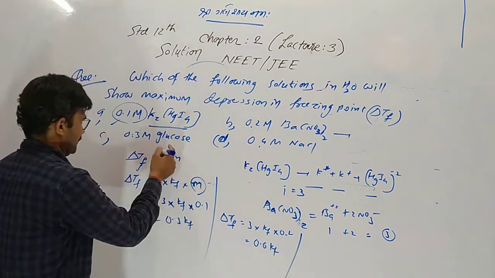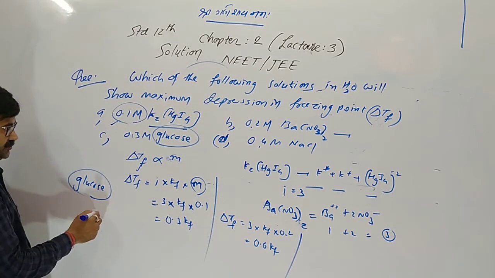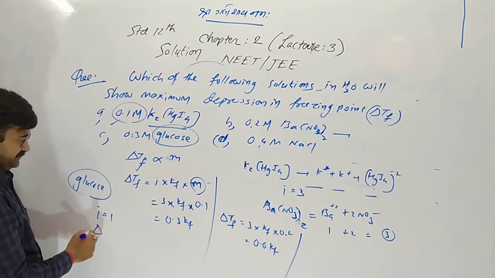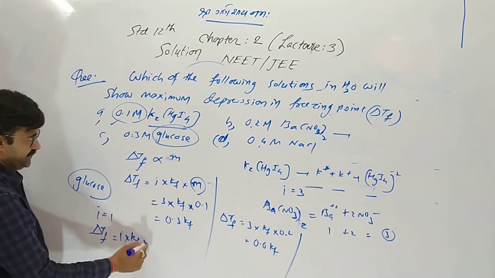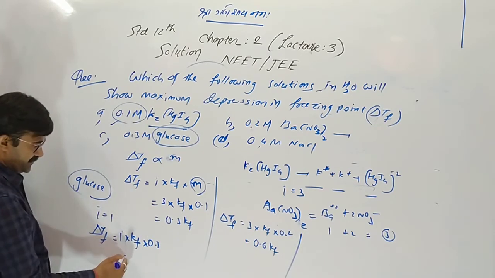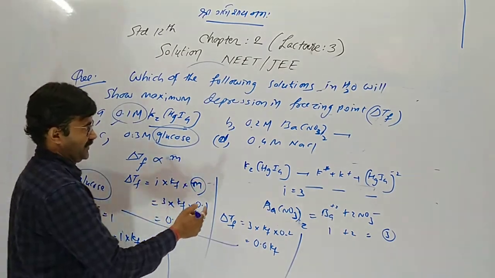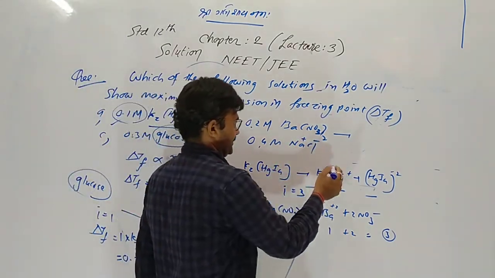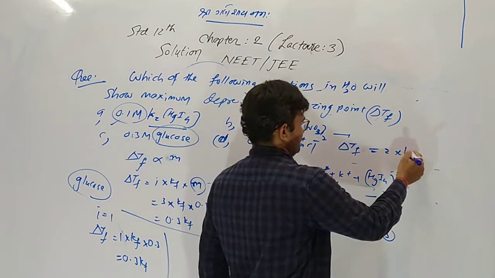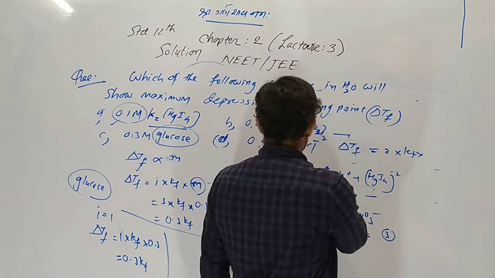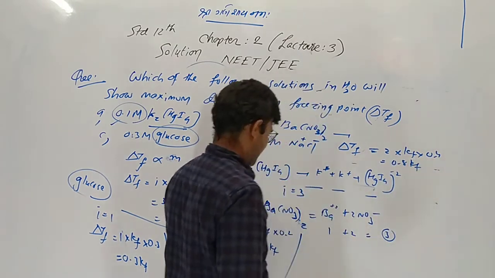In the case of glucose, it never ionizes in water, so i is 1. So for glucose, 1 Kf and 0.3, so 0.3 Kf. Now for NaCl, Na+ and Cl-, van't Hoff factor 2, Kf and molality 0.4, so 0.8 Kf.